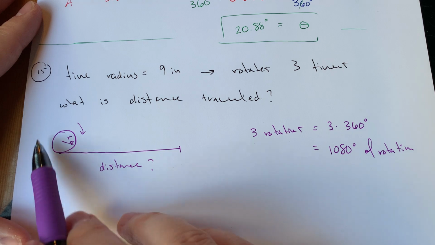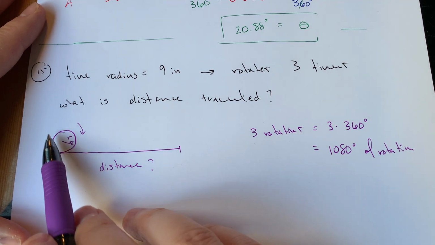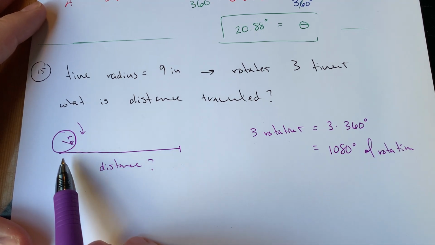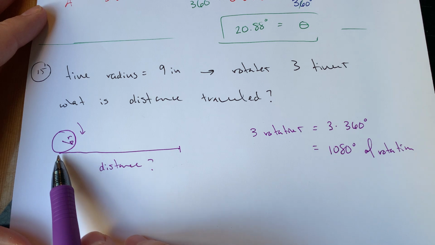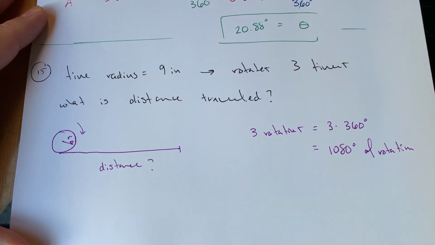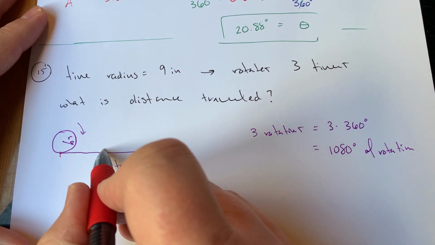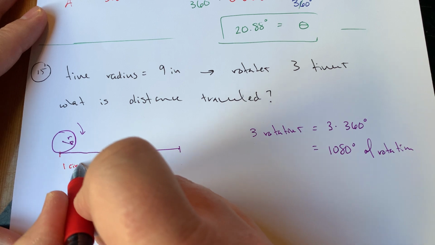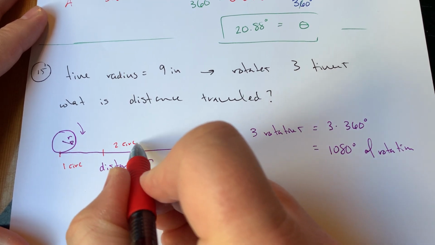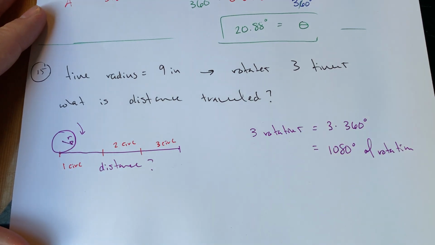For every 1 rotation of the tire, the distance you're traveling, because the edge of the tire is what's touching the road, is going to be 1 circumference's worth of distance on the road, right? So from here to here is 1 circumference, here to here is 2 circumferences, and from there to there is 3, right?